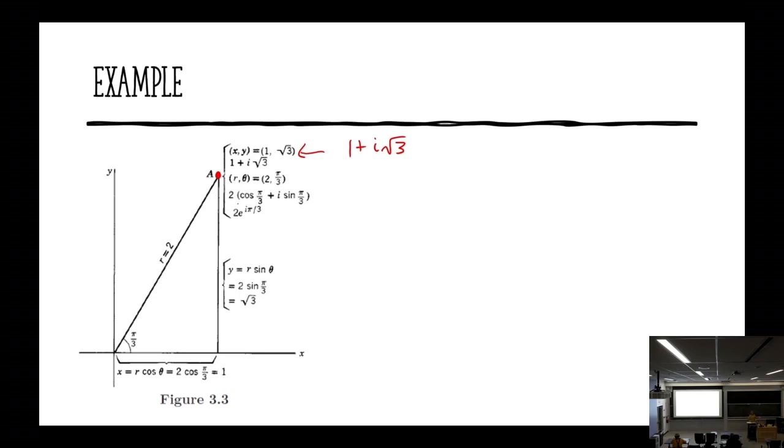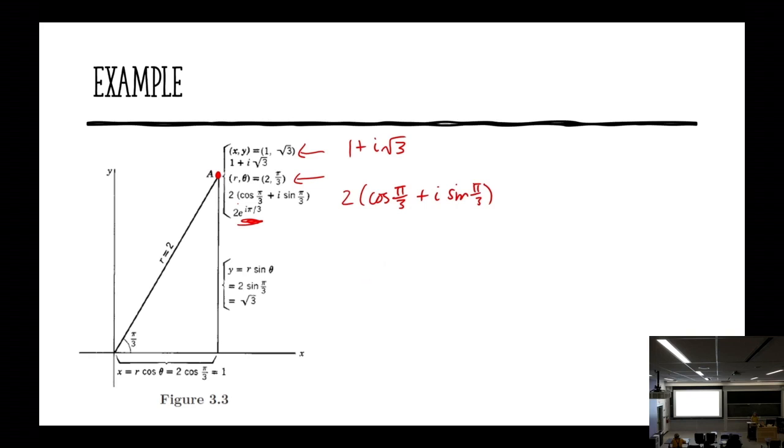We can use polar coordinates, and we can label it with r and theta. Here, r is 2 and theta is pi over 3. So we can label it that way. And equivalently, that allows us to write down 2 times cosine pi over 3 plus i sine pi over 3. And then we can use Euler's formula to get out the r e to the i theta terminology. So we can equate all of these forms.